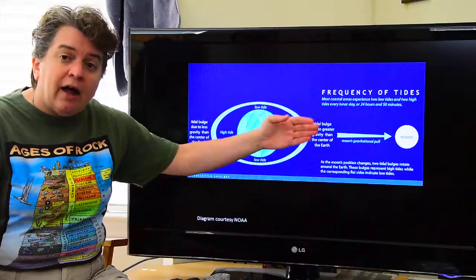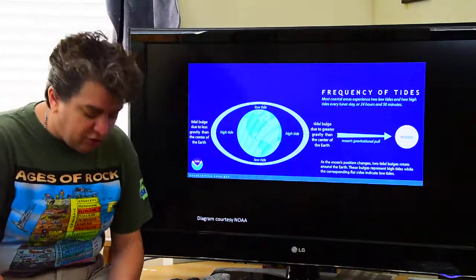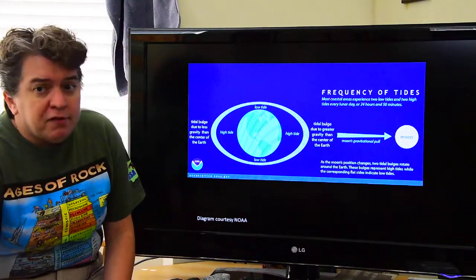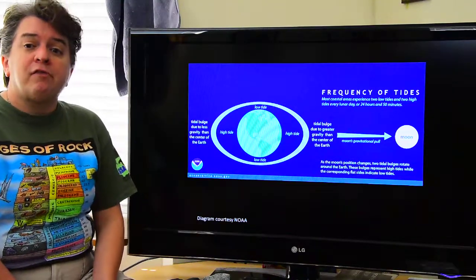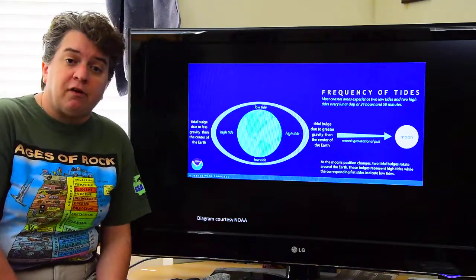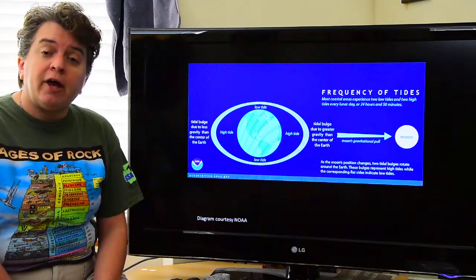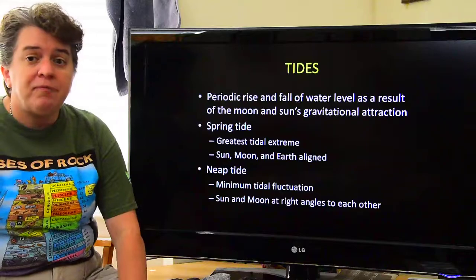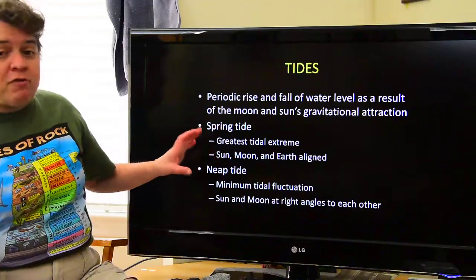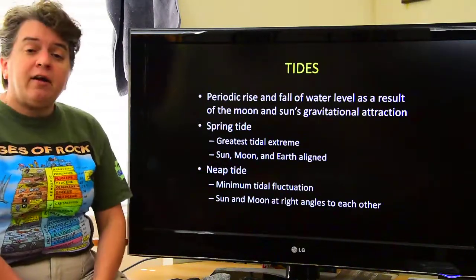So we're going to get high tide at that location. The sun also exerts gravity because the sun is a very large, massive object, and so that's also going to have an influence in tides. In fact, we have different names for tides. There's the spring tide.